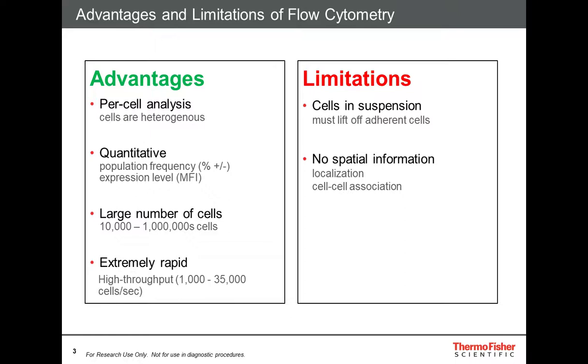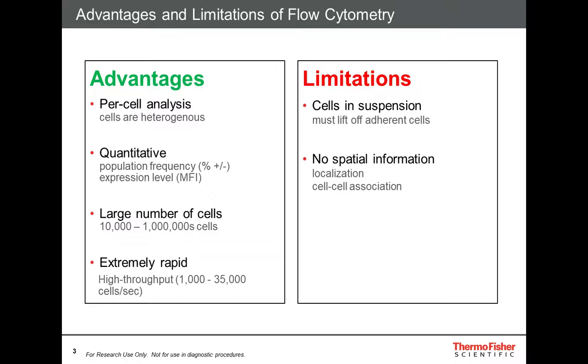Of course, there are some limitations of flow cytometry. Despite our best efforts, the cells must be in suspension. And those of us that have run a core facility or run our own data realize that putting clumps of cells or pieces of tissue in a flow cytometer quickly ends that experiment. We spend a lot of time fighting with the flow cytometer.